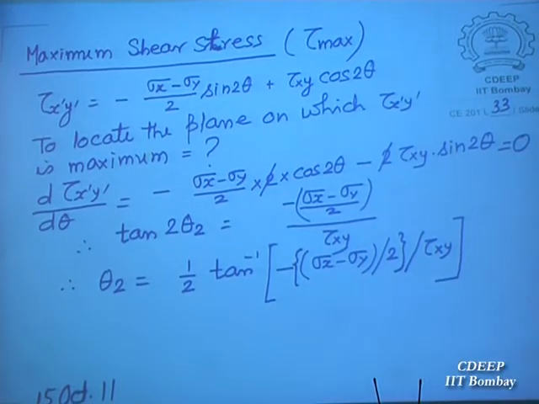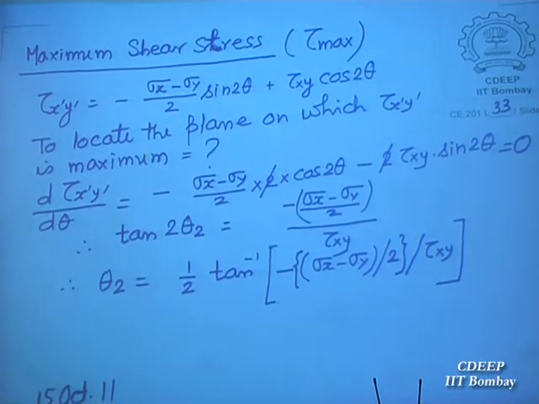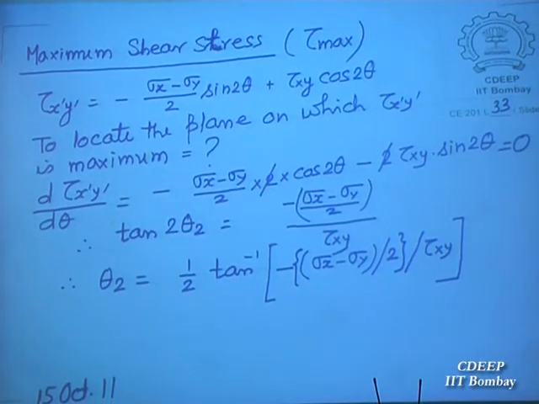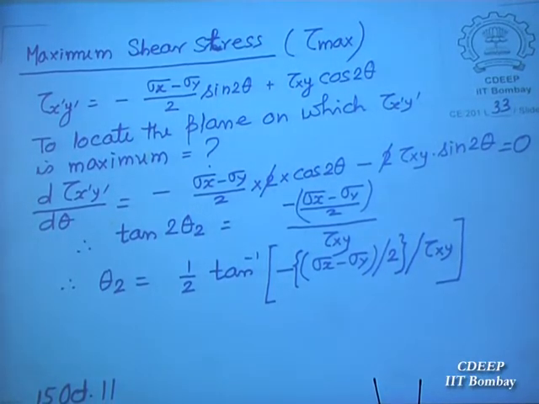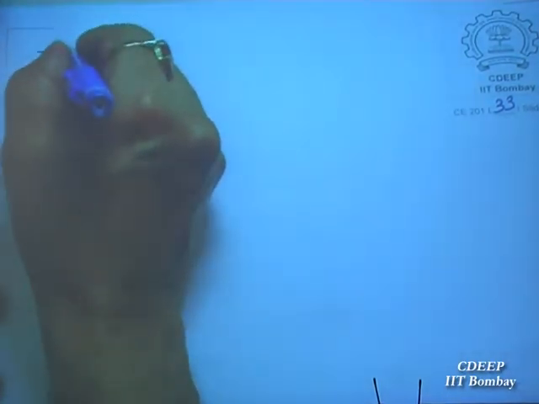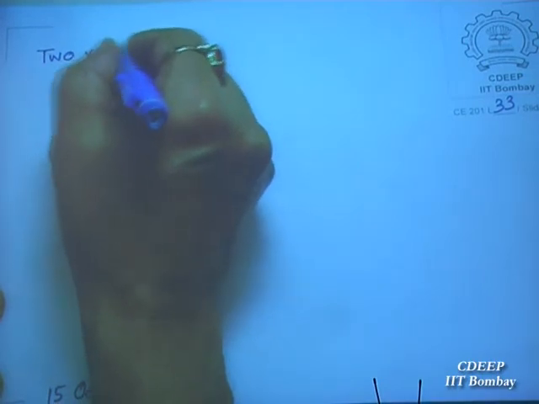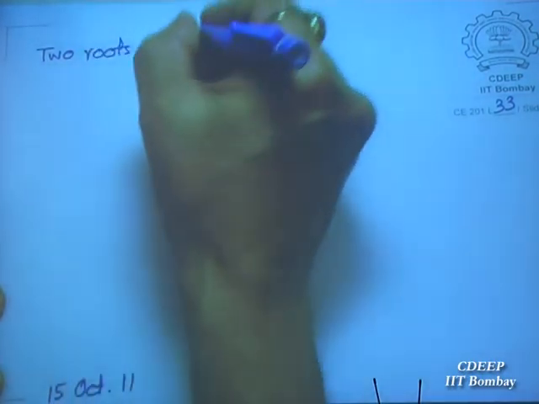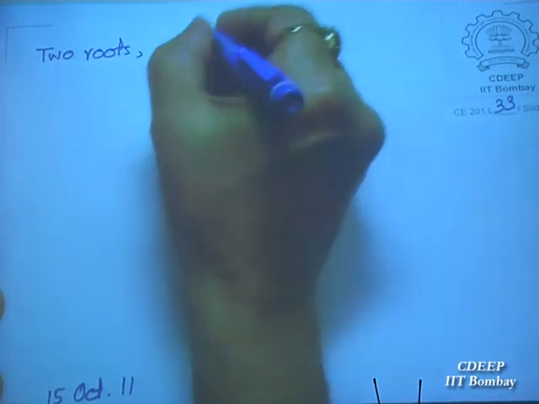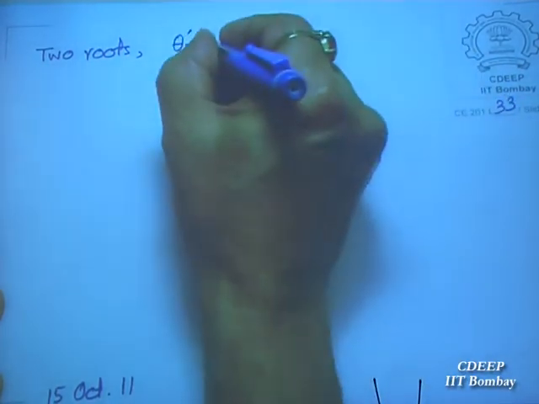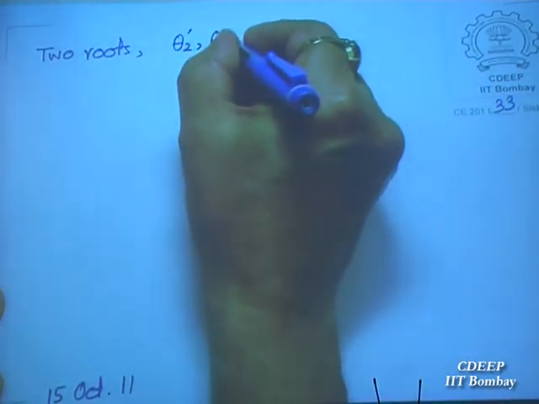Okay, you can find out this. So again there will be two roots. That is theta 2 dash and theta 2 double dash.